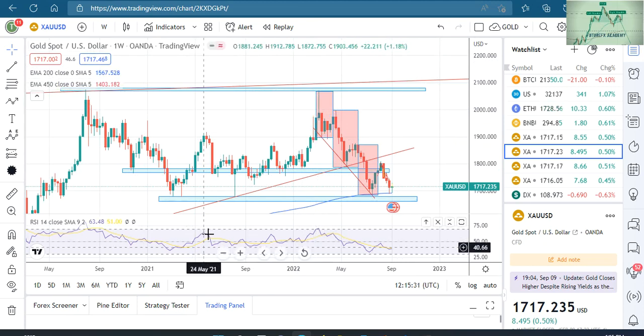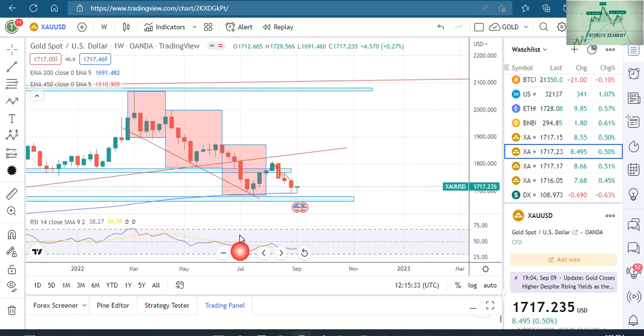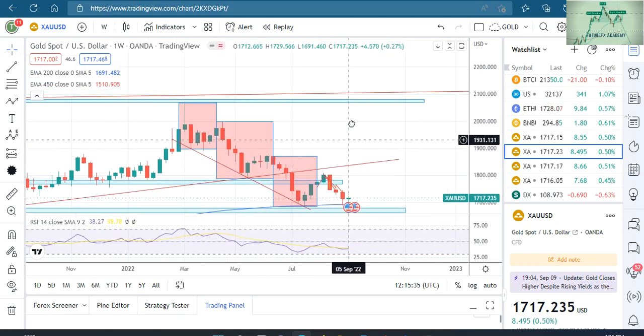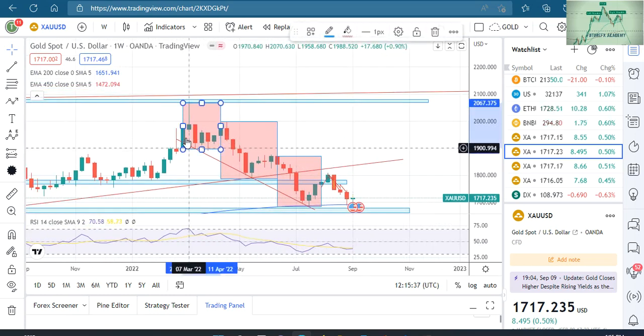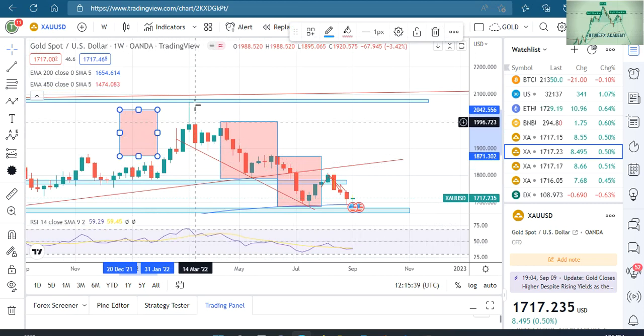That was February. Let me remove this. Okay, that was March, early March. It tested this price area.